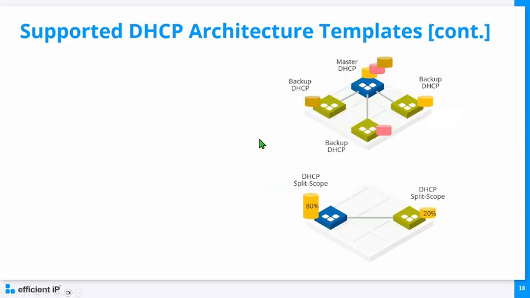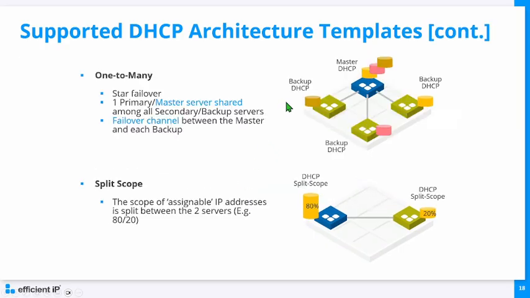Now, of course, if you have multiple sites and you want to use the DHCP service on the different sites, then you can use the one-to-many architecture. Let's say, for example, you have a one-to-one DHCP server in site one, and a one-to-one DHCP server in site two and site three.